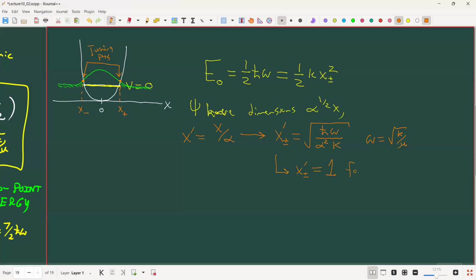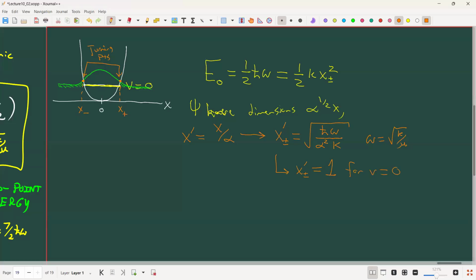All right, so that's really nice. That's one of the reasons why we scale the dimensions of our harmonic oscillator with this alpha to the 1/2: it makes this unitless.